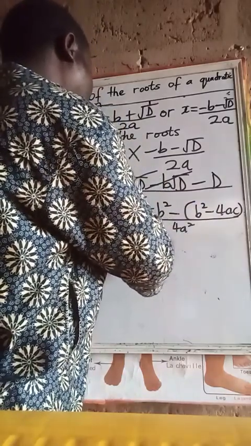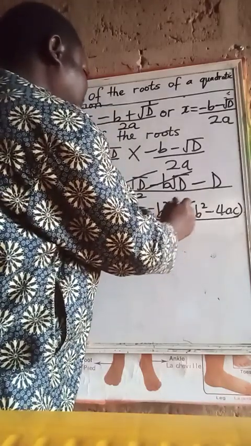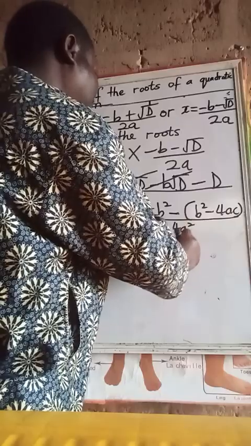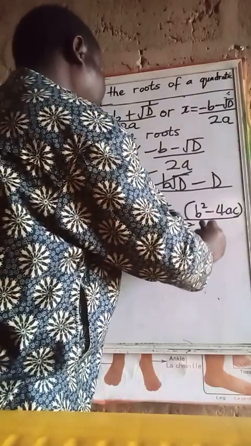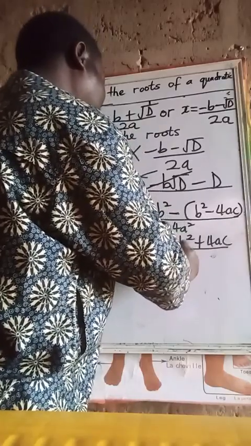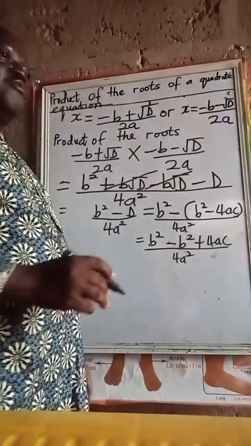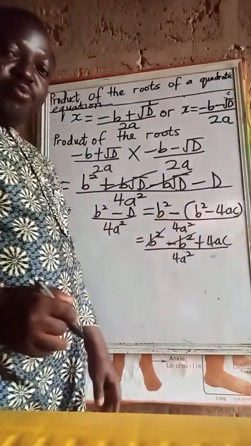And this is equal to b square minus times minus. Minus times plus, that is minus b square. Then minus times minus, that is plus 4ac all over 4a square. So from here, b square cancels minus b square.